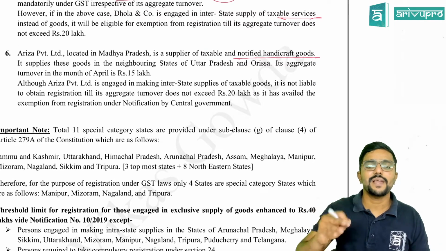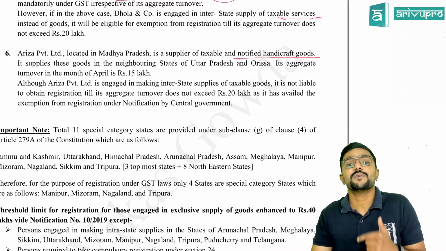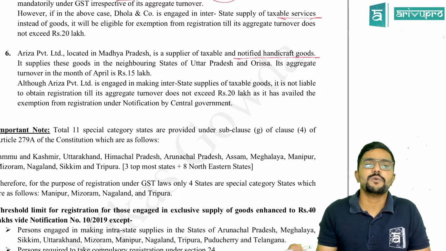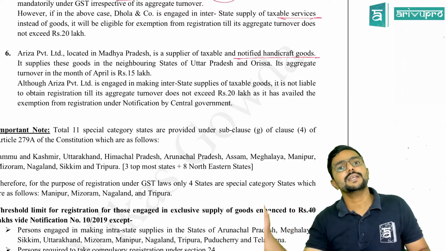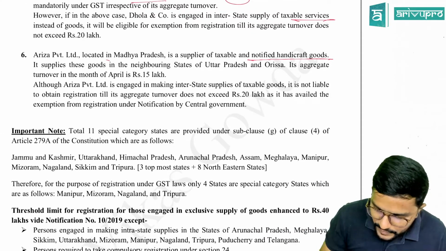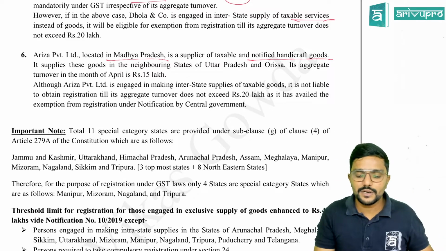So it is supplying handicraft goods outside the state. In that case, they are covered under section 23 exceptions. If your turnover is up to 20 lakh or 10 lakh, you need not get registered. If it crosses 20 lakh or 10 lakh, then only you will get registered. So here, which state are you from? Madhya Pradesh. So what is the turnover limit applicable? 20 lakh. Your turnover is only 15 lakh.